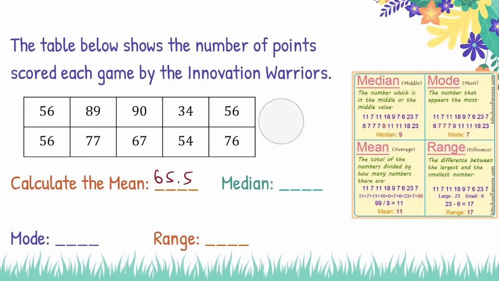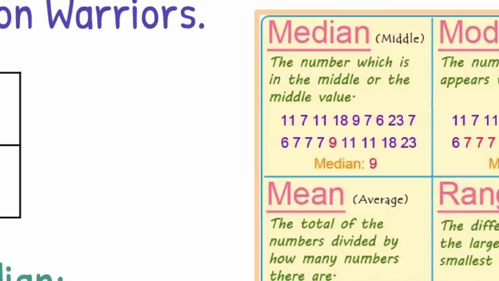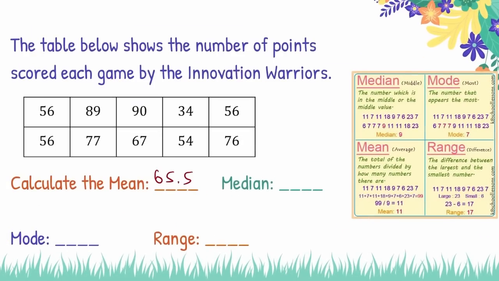What would be the median? Don't forget to put the numbers in order if they're not already. So for our median, we want to put these in order. I'm going to do that up here.